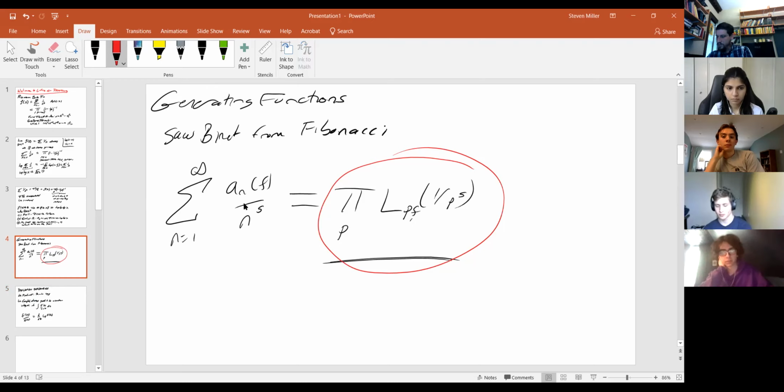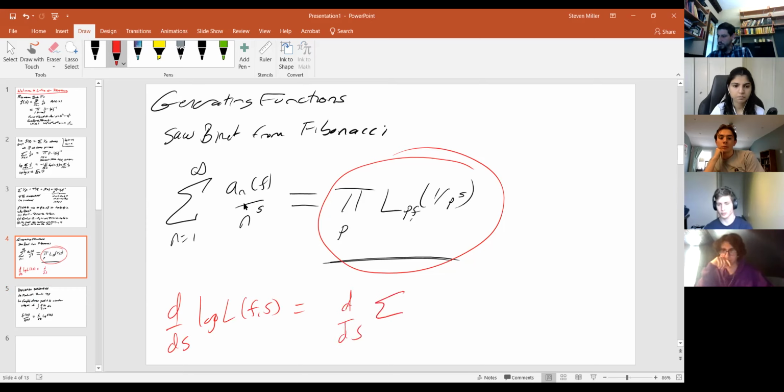But if I do the derivative of the log of, we'll call it L(f,s), well, the log of a product is the sum of the logs. And that's actually going to be a nice quantity to study. So the logarithmic derivative is actually going to work out very nicely.